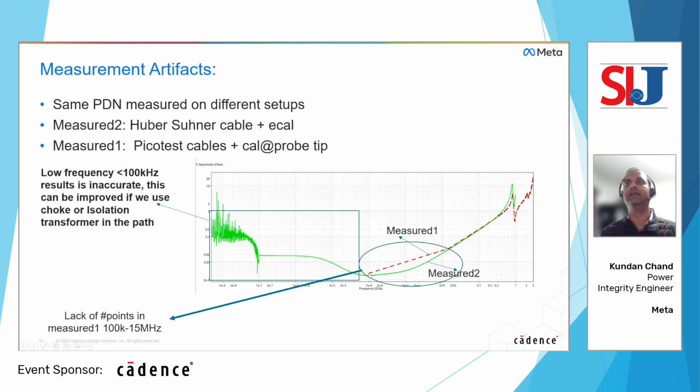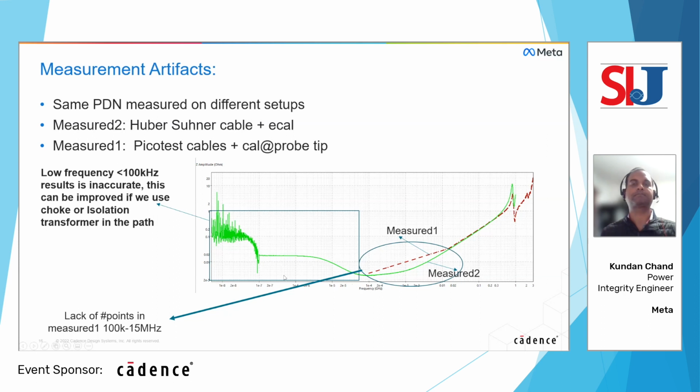That's the reason you can see there's just one measurement point at this location and another one here. And when we went back and did the measurement including more points in this frequency range, we found that they were correlating. So it is a good example of some measurement artifacts which we could observe, and I just wanted to highlight that here.